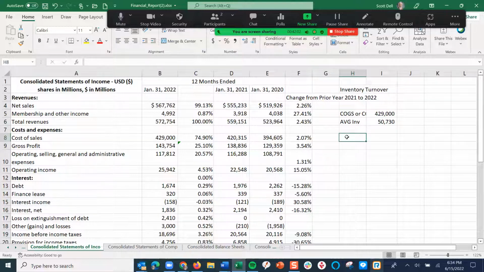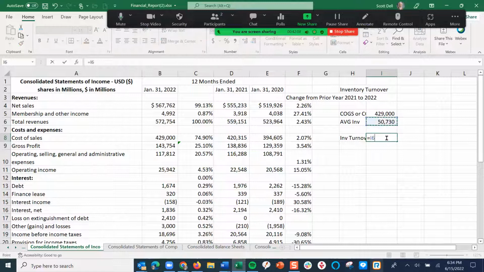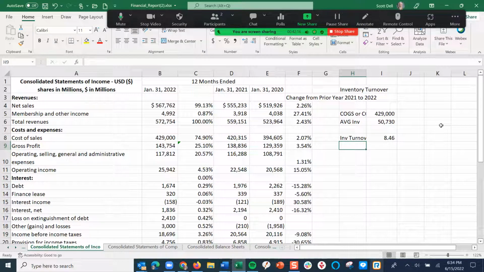Now my inventory turnover is calculated. I'm going to take equals my cost of goods sold in the numerator, divide it by my average inventory denominator, and I get 8.46 times a year.